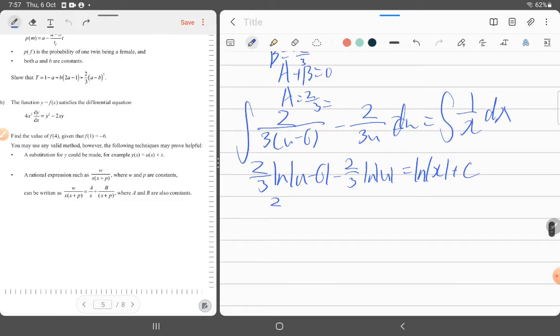We can pair them up, so 2 over 3 natural log of u take away 6 take away natural log of u is equal to natural log of x plus c.